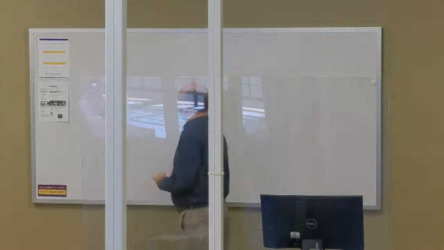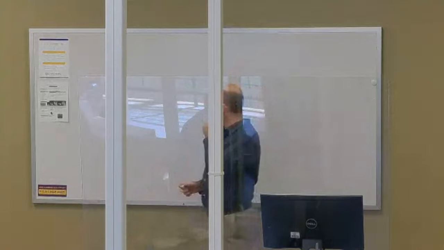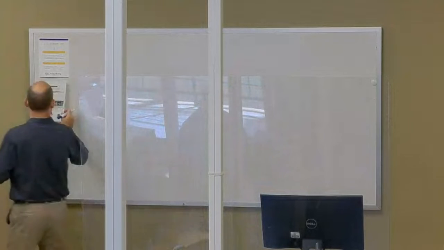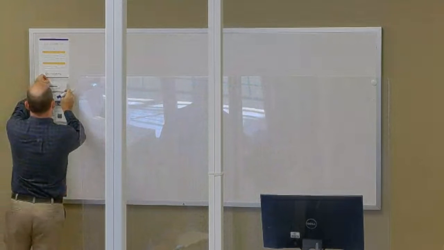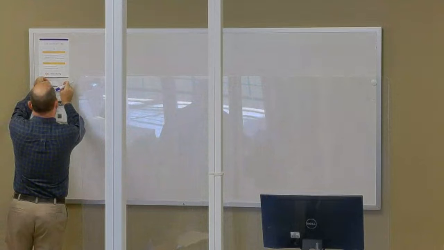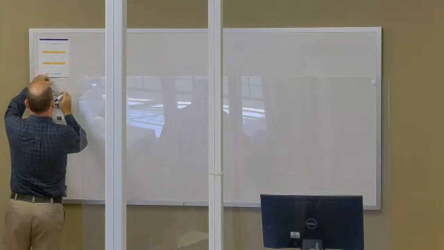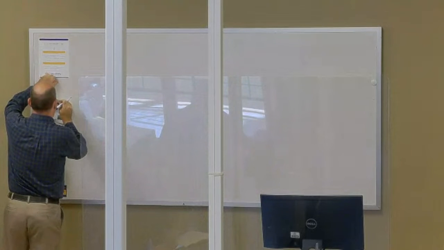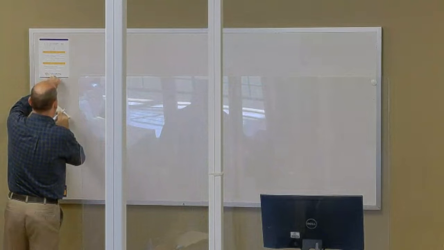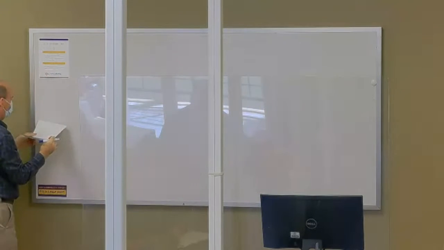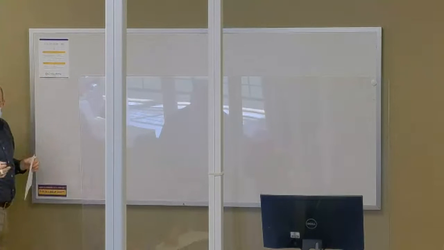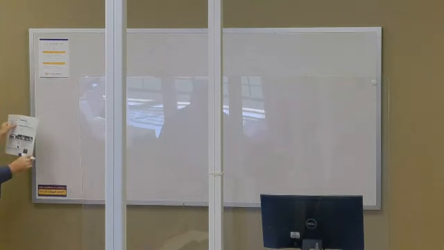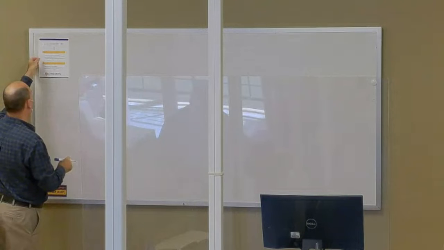So we saw, I'm going to move these so I can use the whole board. We saw that the error that you propagate by adding or subtracting two numbers followed a formula, right?